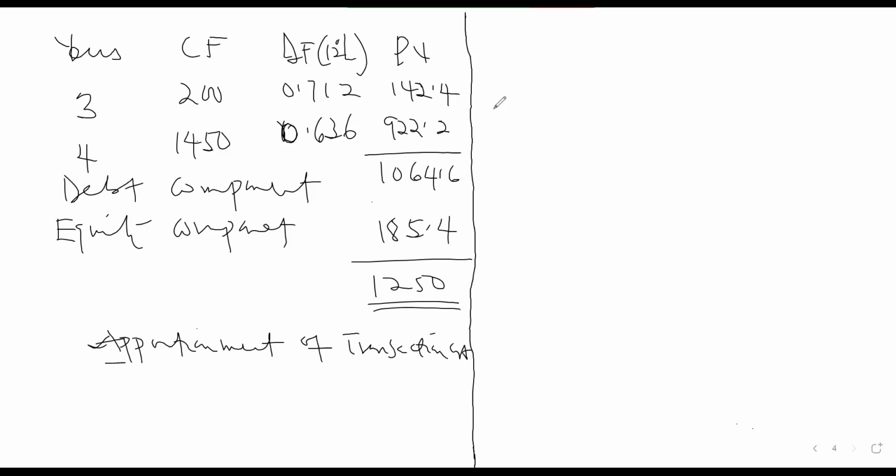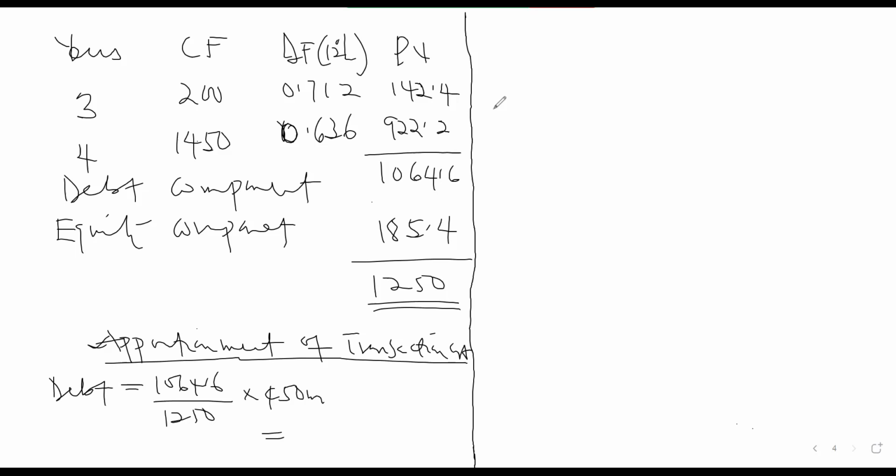Okay. So the debt will be having 1064.6 divided by 1250 multiplied by 50 million. Am I correct? Yes. So 42.58. Okay, let's come to the equity.